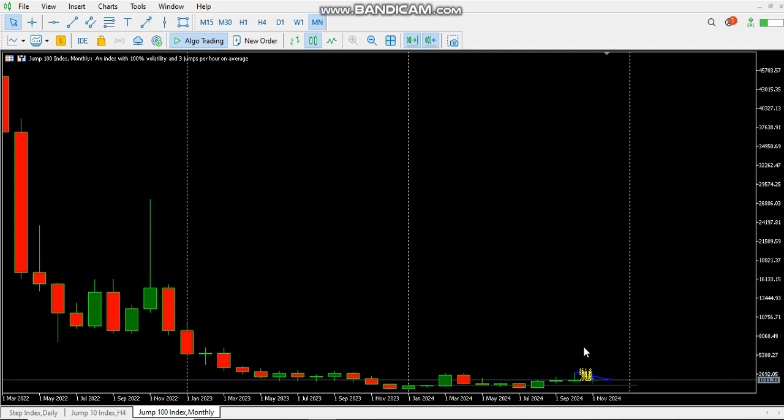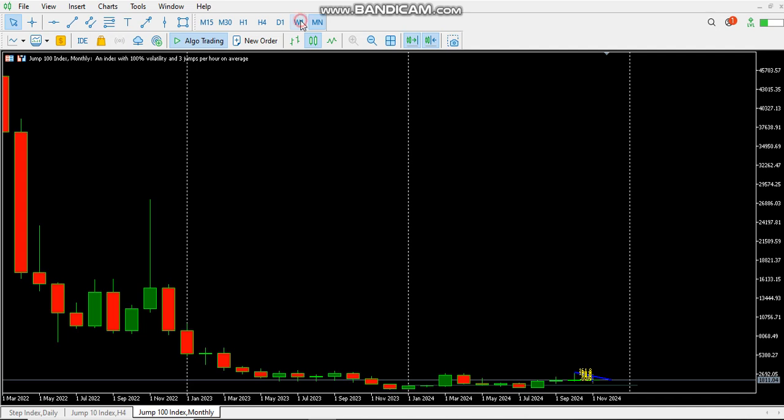The market might do something else because the month hasn't ended yet, but based on what I've seen on the phone, there's high probability that we might be having an evening star or a bearish engulfing candle, which is indicating to us that the next 2 or 3 months is going to be bearish.